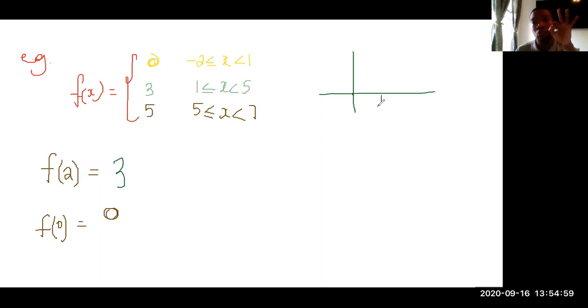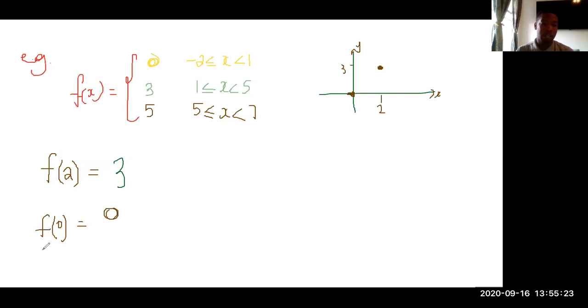So if 2 was right here and 3 was right here, I could find this point. It's saying when x is 2 on the x line, y is 3. This one is saying when x is 0, y is 0. So it would be here.